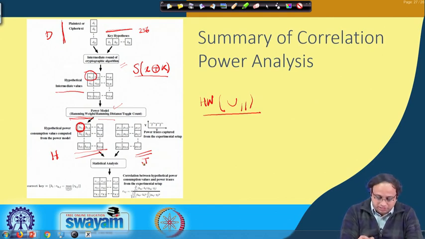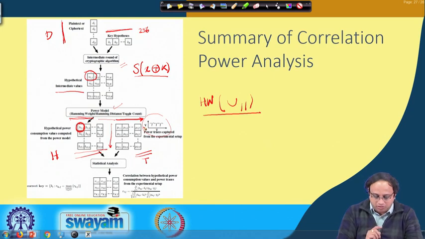Note that T is indexed again in the row by the number of encryptions you are doing, that is d encryptions, and the column is the time instant. So here is a power trace, for example. You can see it is the voltage versus time plot, and this is the time which you are observing. Therefore now you have got two matrices.